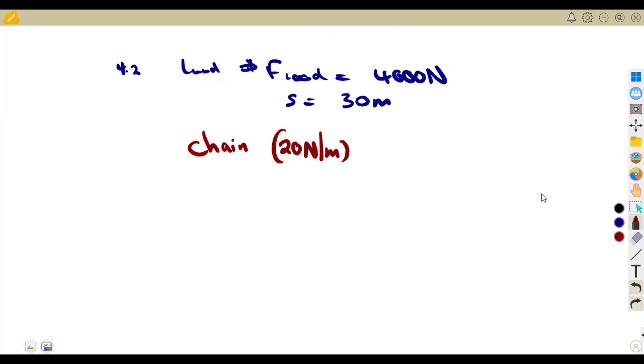So what is going to be the total weight of the chain? The total weight is the weight per meter times the distance in meters, which is 30. This is going to give us 600 Newton, okay?